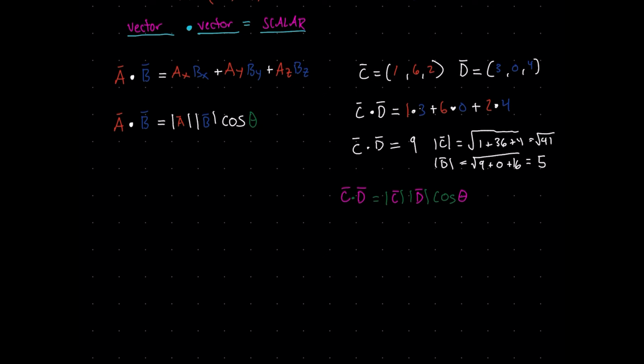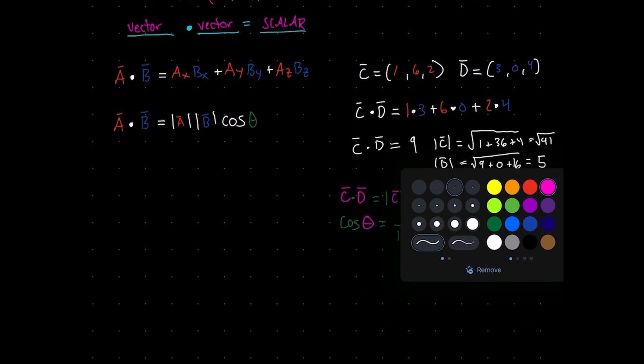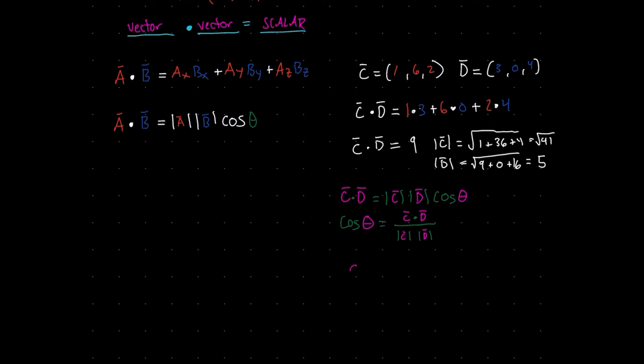So to start, we'll divide both sides by the magnitudes of C and D to get cosine of theta equals C dot D divided by the magnitude of C times the magnitude of D. And then we'll take cosine inverse of both sides to get theta alone.